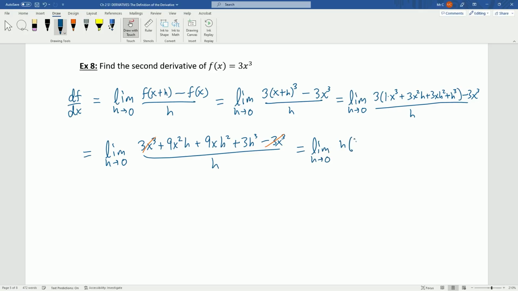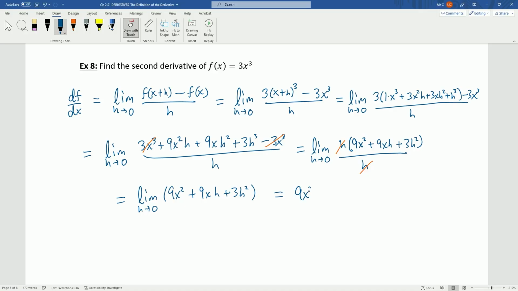So I get h times (9x squared plus 9xh plus 3h squared) over h. And now we've removed the discontinuity, so we can plug in h equals 0, and we get 9x squared.